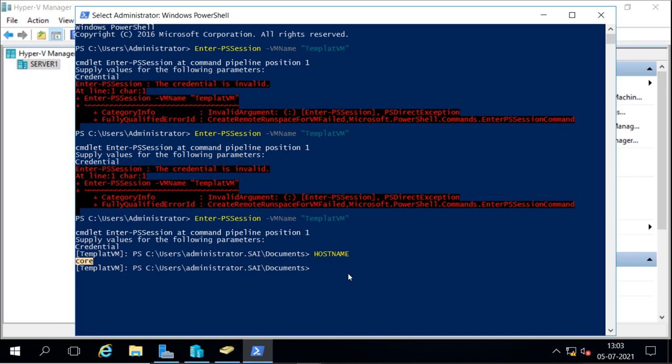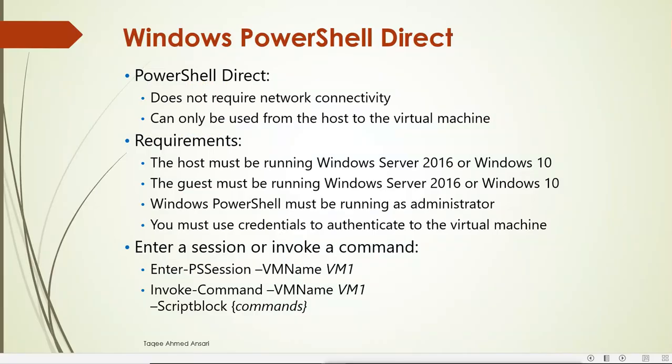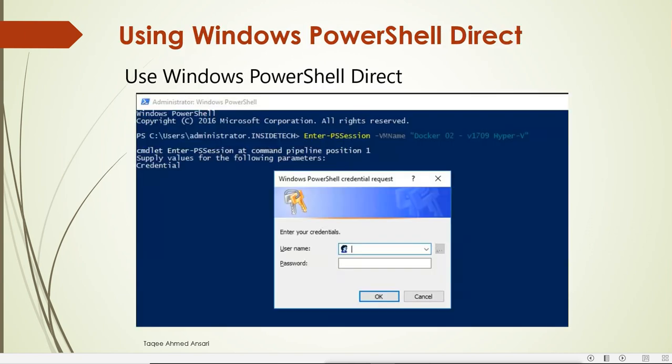And if we don't want to access the server directly, we can just run the command directly without accessing the server. For accessing, we use the Enter-PSSession command with the credential.